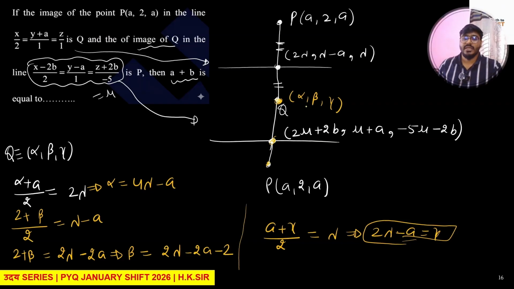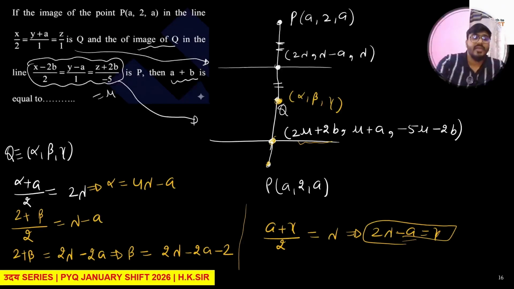So we can say alpha plus a divided by 2 equal to 2 mu plus 2b. What is alpha? Alpha is 4 lambda minus a.